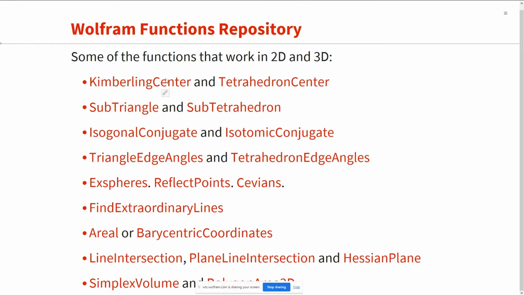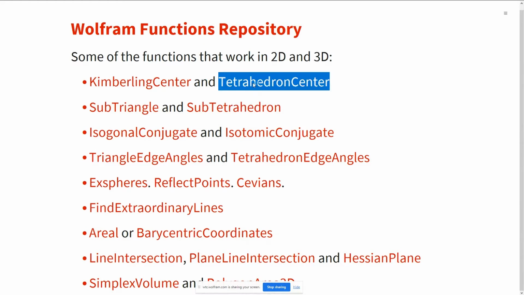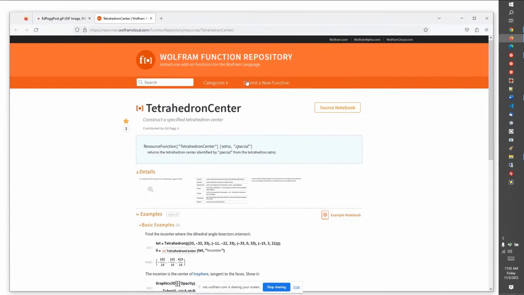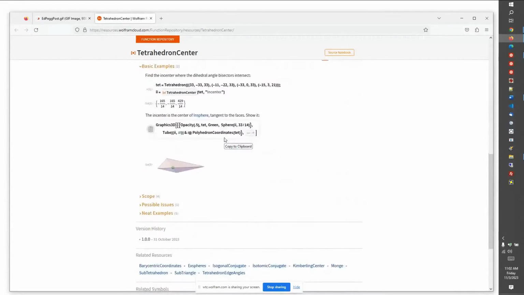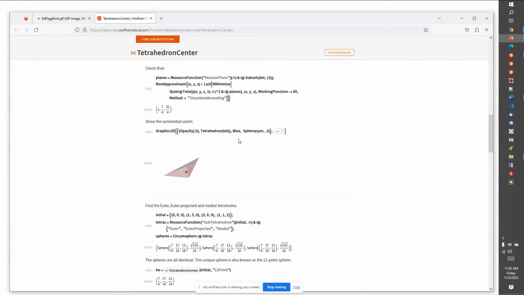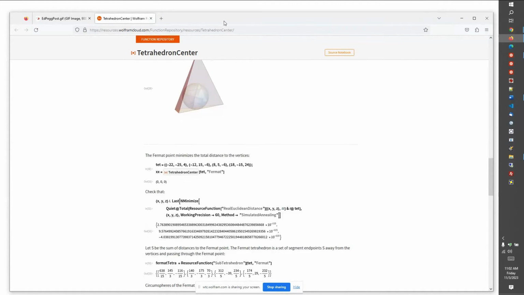That works up to about Kimberling Center 80, and I plan to expand that to perhaps go up to 10,000 sometime soon. Tetrahedron Center is a new function. I'll just drag this over here. It has many different tetrahedron centers, and I'll talk about some of these in the talk.